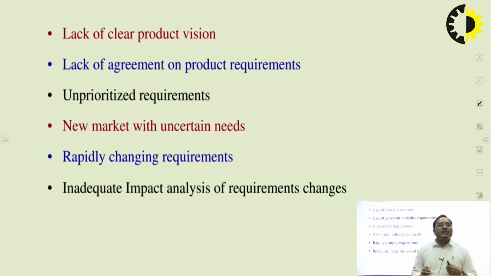If you are going to launch that particular project, definitely you should know the market level. You will review the market: is this project required for that particular market or not? Rapidly changing requirements: as you know, day by day things are changing, and people are using different technologies, and you must be ready to adopt those technologies and change your project.